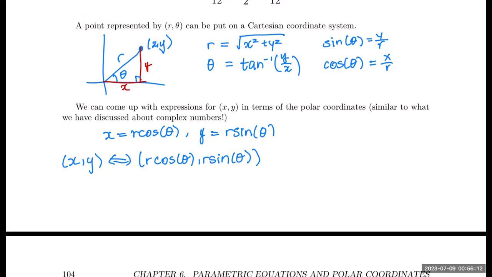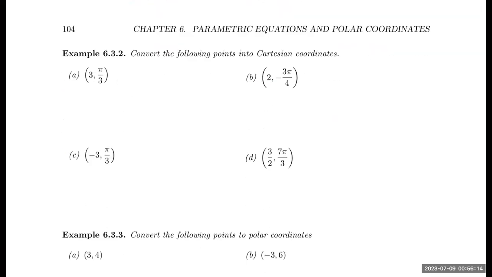Okay, so let us have a look at some examples of how to convert from polar coordinates to Cartesian coordinates. I'll leave these two as an exercise here.